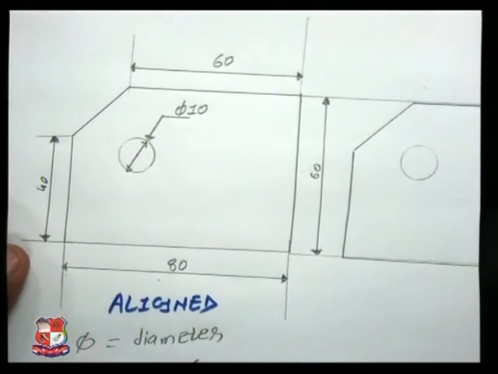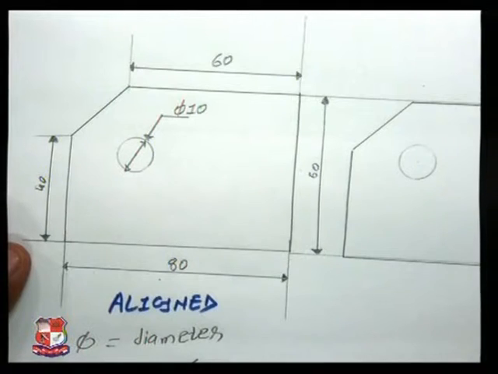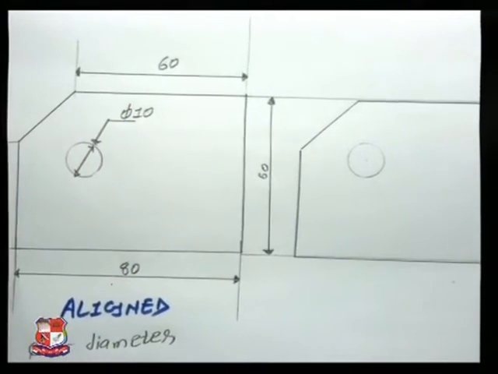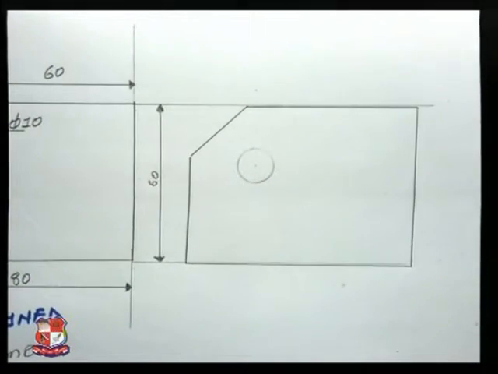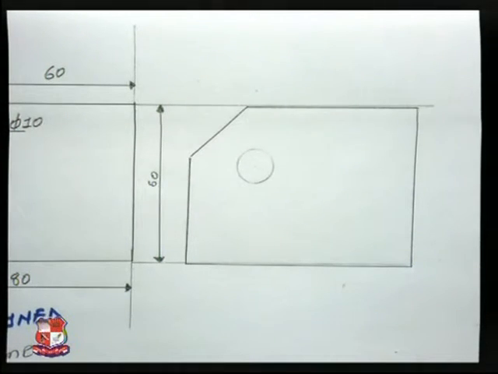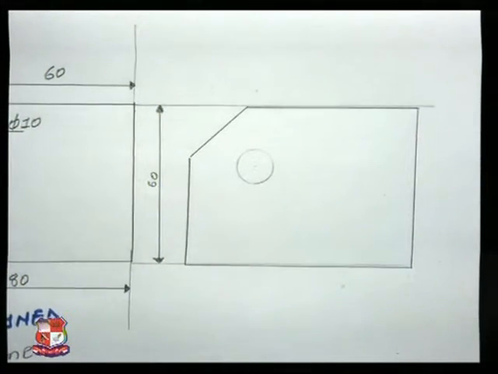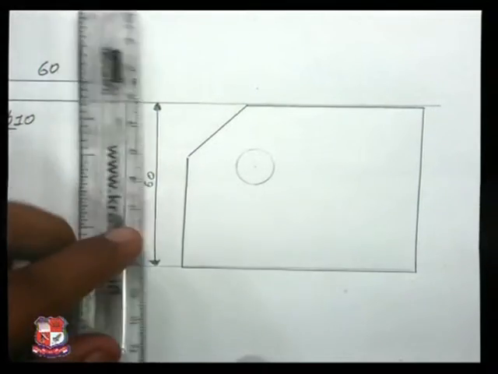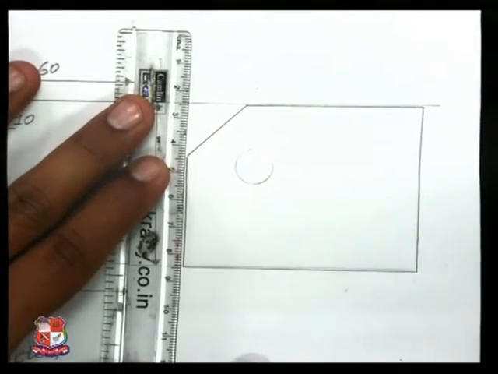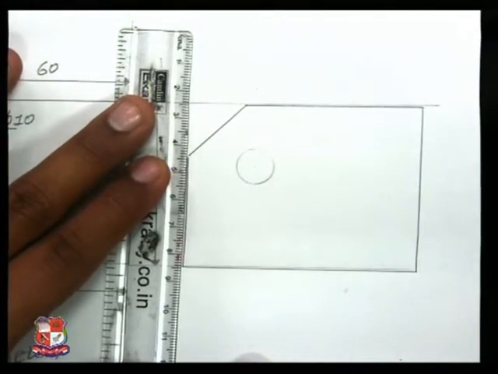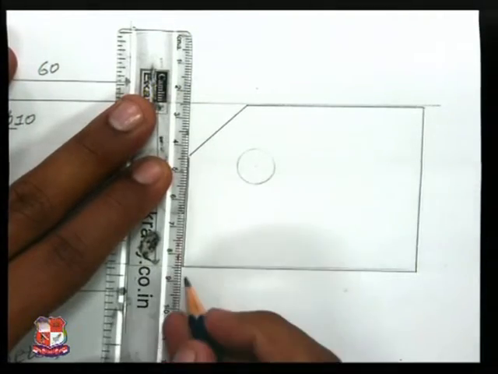Now we will see the unidirectional method. What is the difference between the aligned method and the unidirectional method? We will see. This method also has an extension line and a dimension line.